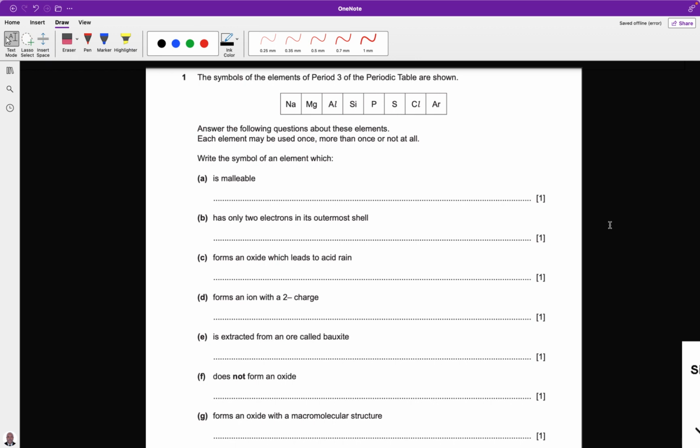So the metals in this group that can do that are either sodium, when twisted, or we can say magnesium.